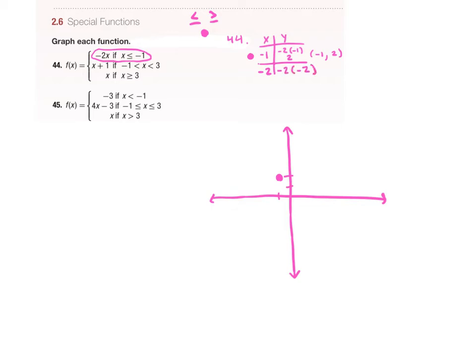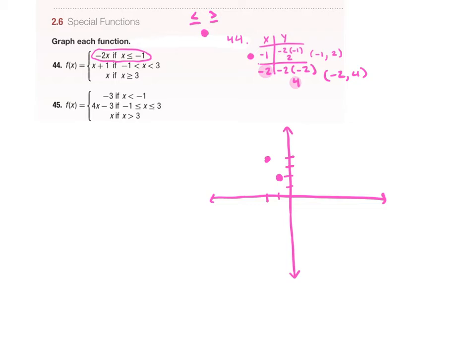What's -2 times -2? 4. So what's our point here? -2, 4. Remember, our point is always our x that we plugged in and our answer, our x and our y. So we go to the left 2 and up 4. Then we can connect our two dots with an arrow.